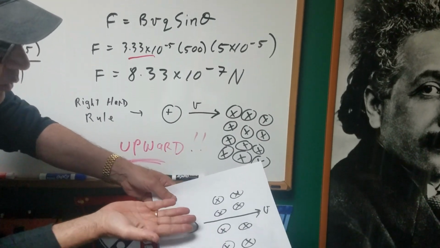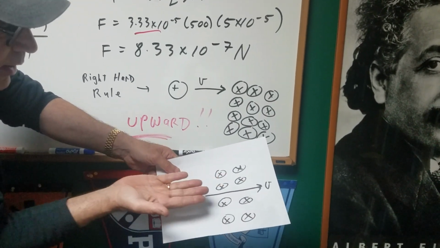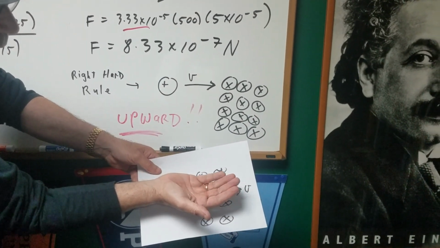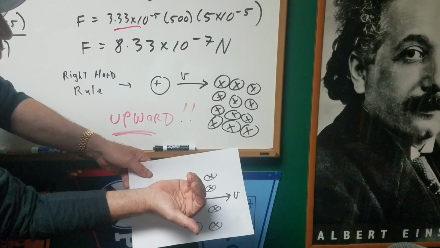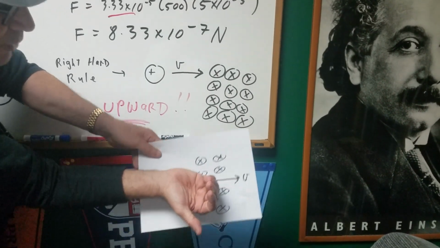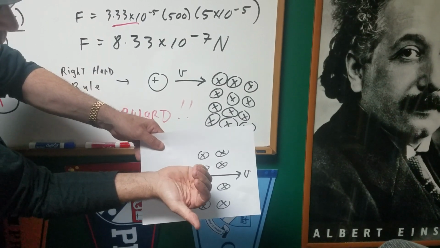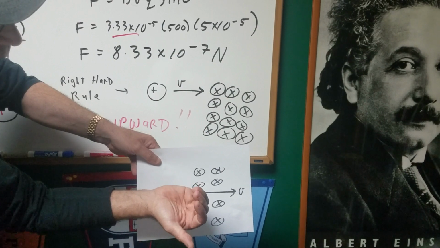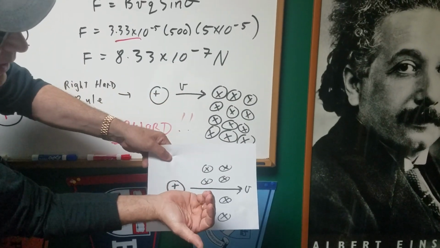So I'm going to take my hand and put it in the direction of the velocity. I'm going to curl my fingers in the direction of the magnetic field. As you can see, now keep your eye on my thumb. The direction of the magnetic field of my fingers, it's going out of the page. We don't want it out of the page. We're saying it's going into the page.